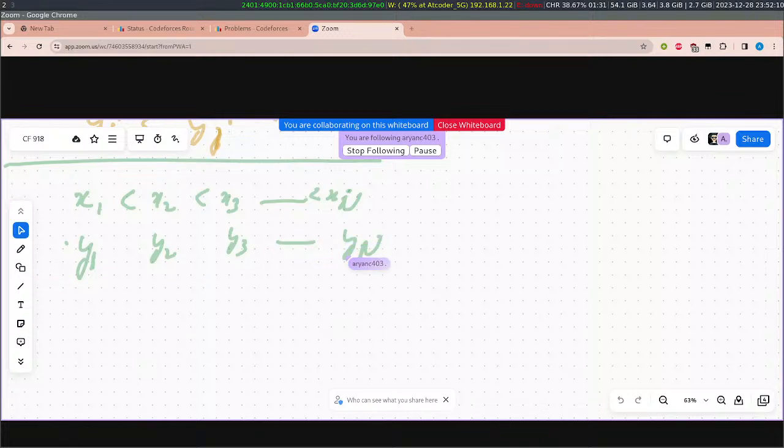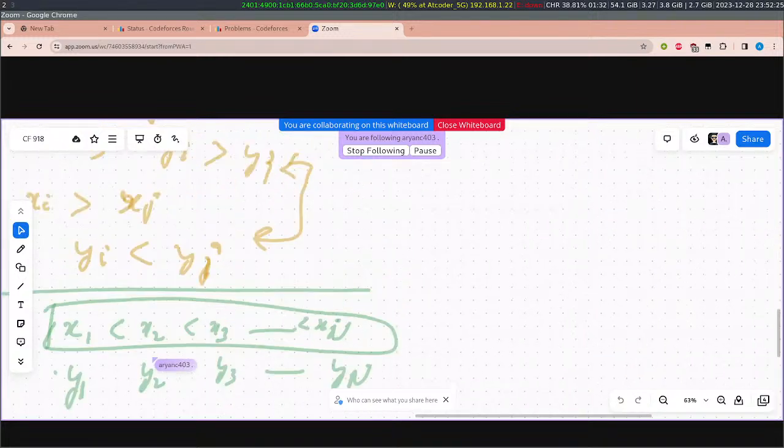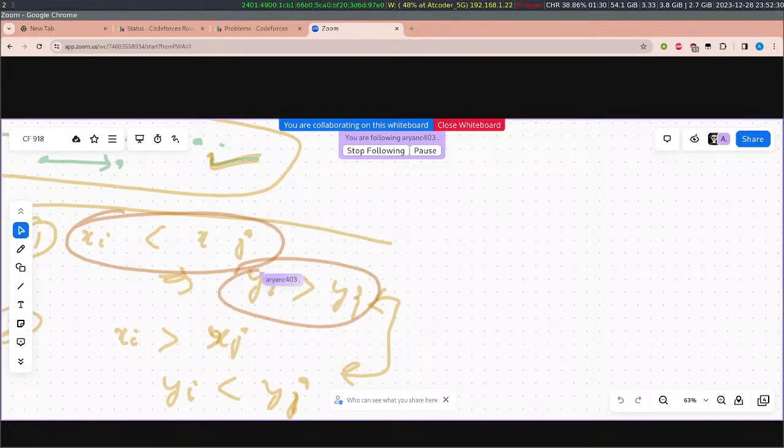If we sort points like this, then for any i less than j, this condition should be satisfied. So to count the number of inversions, we just need yi greater than yj.